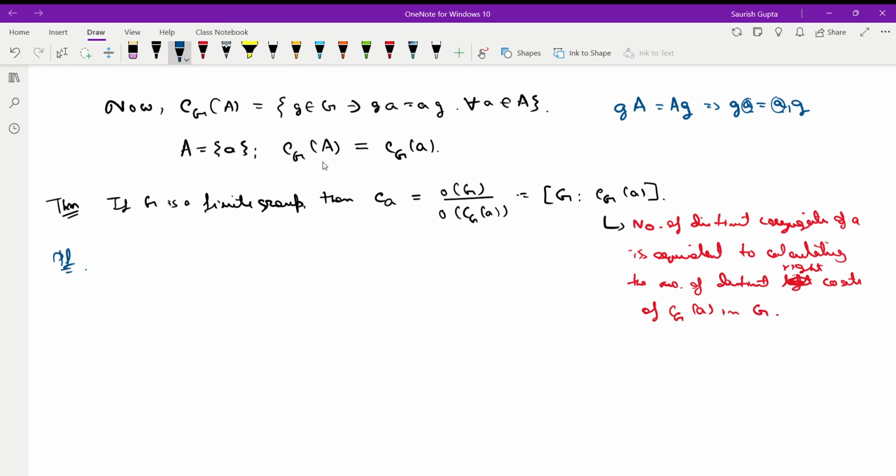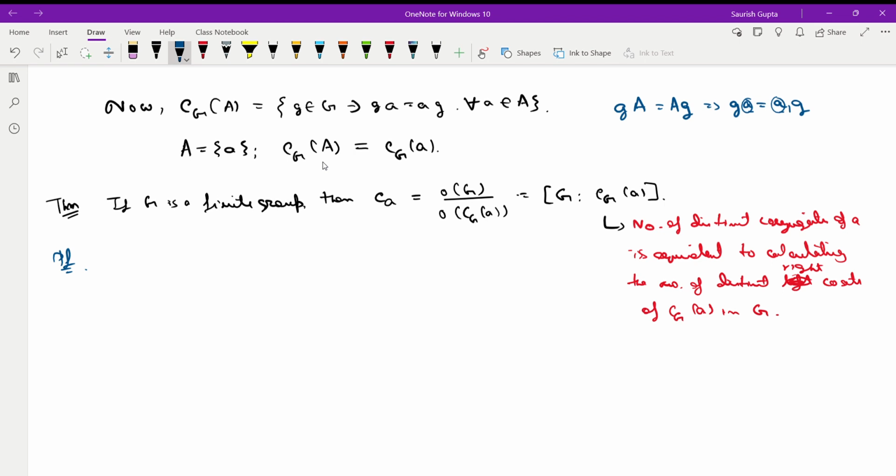Okay, so what we essentially do is, first, we consider two elements which represent the same coset of the centralizer of A in G, and we show that the conjugates of A with respect to both of these elements are identical.